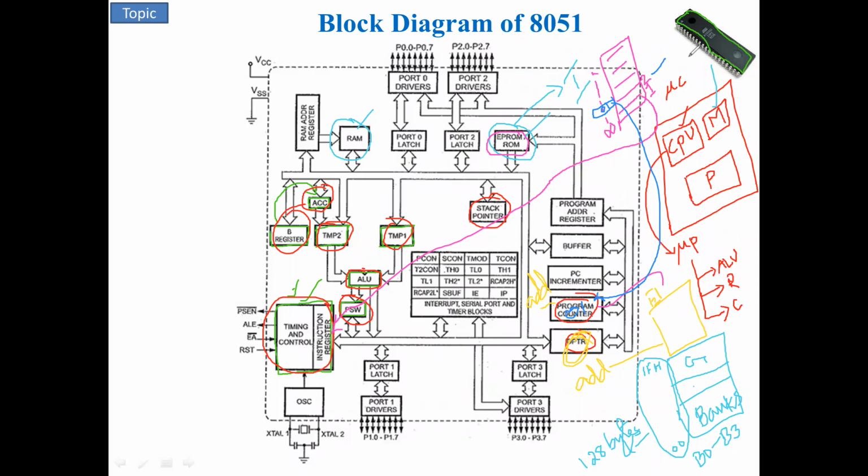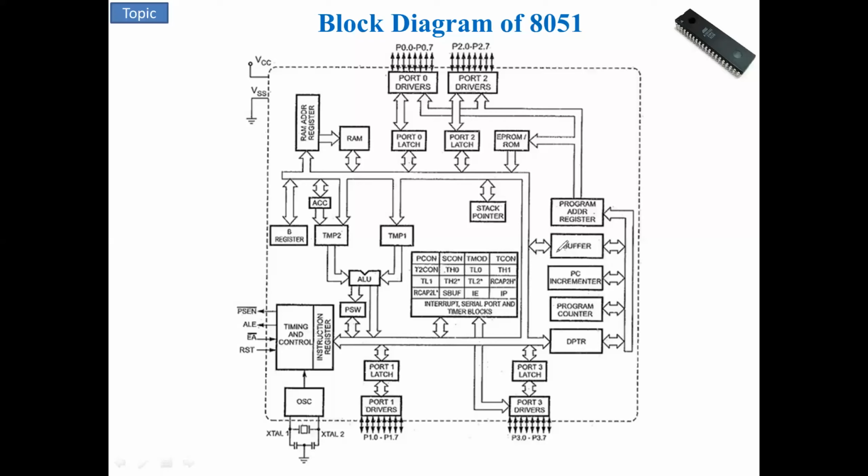If you want to interface some external memory with your IC and access some data from it, you can pinpoint the address here, which address you want to access from the external memory.